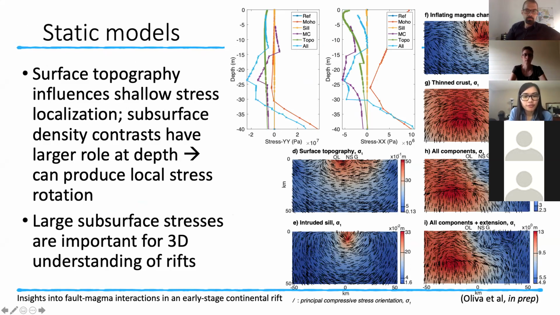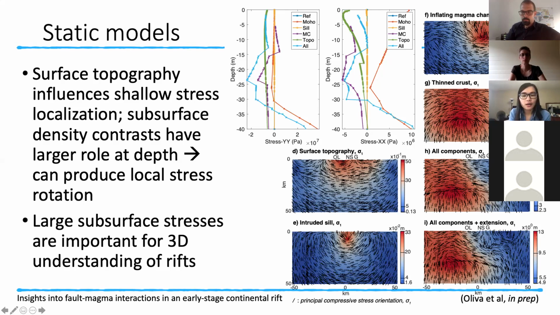considering separately the effect of, for example, here surface topography, the effect of an intruded sill, an inflated magma chamber. This is a thin crust, so the Moho would be somewhere around here, thinnest point around here. And this is all the four components added together and all the components with extension.